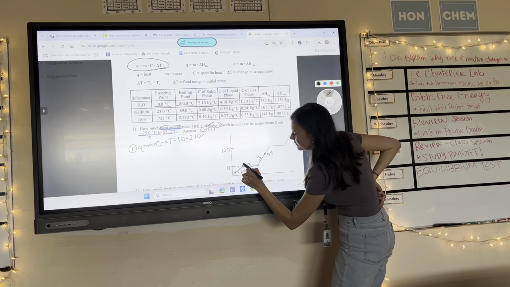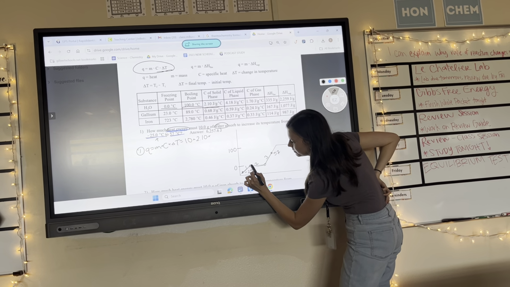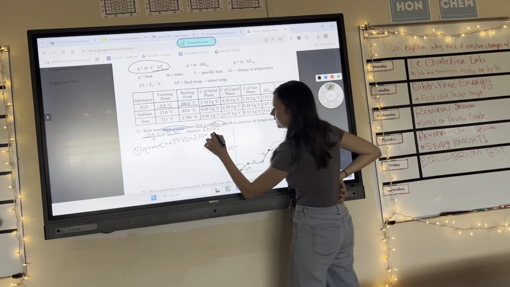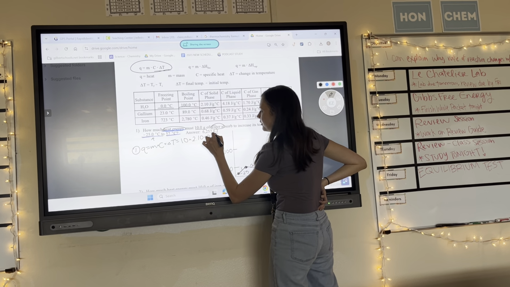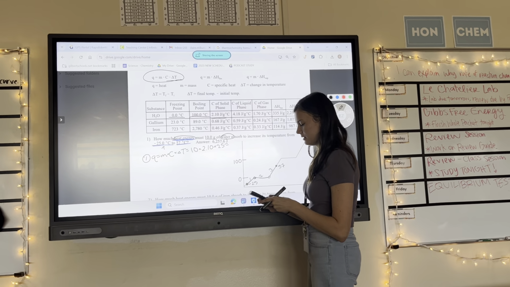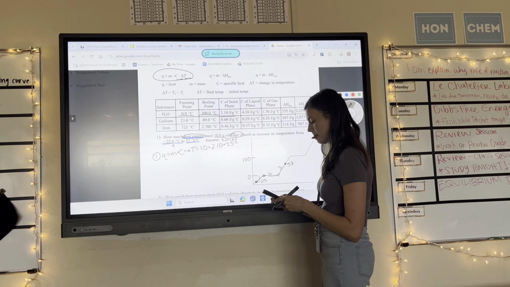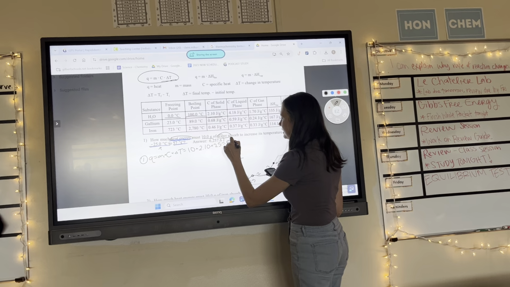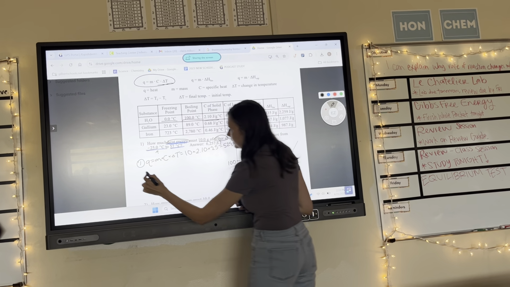Finally, my delta T for this specific segment is going to be this dot minus this dot. So 0 minus -25 ends up being a difference of 25. I'm going to take my calculator. I'm going to do 10 times 2.1 times 25. And that tells me that I needed to use this much heat to do this line segment.